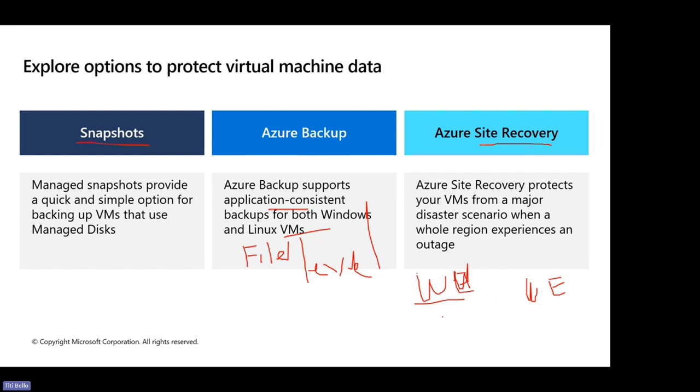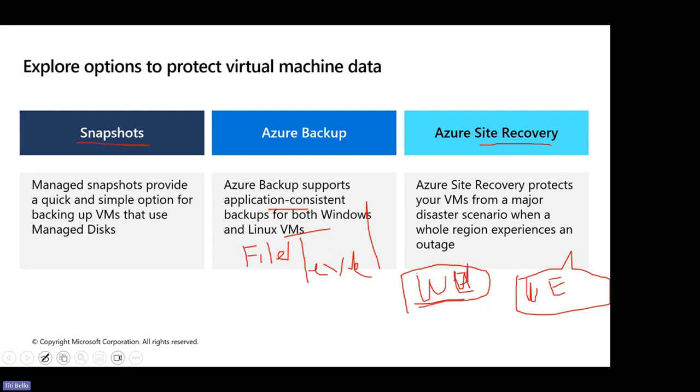Then if anything happens to servers in this region, all you need to do is activate the other region. So that's site recovery: once your resources go off in one site, you can spin them up at another site.